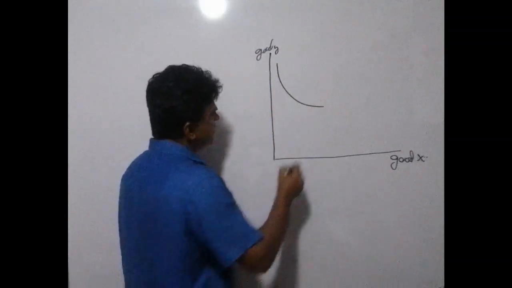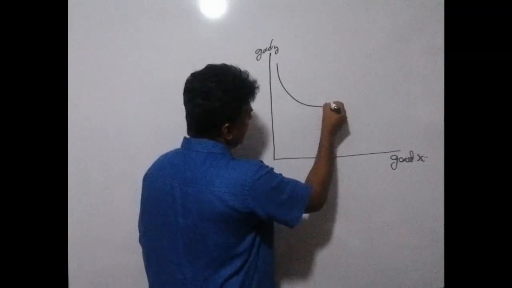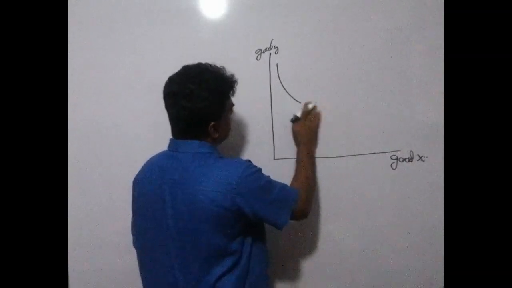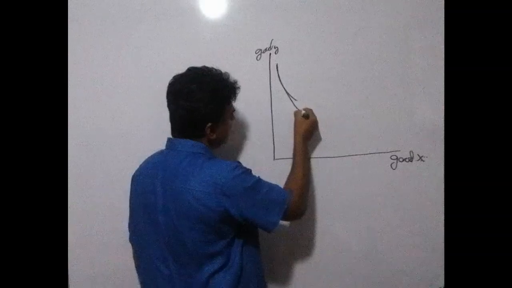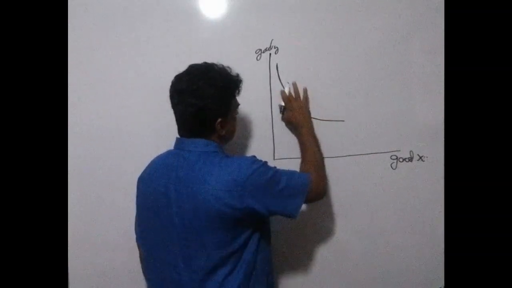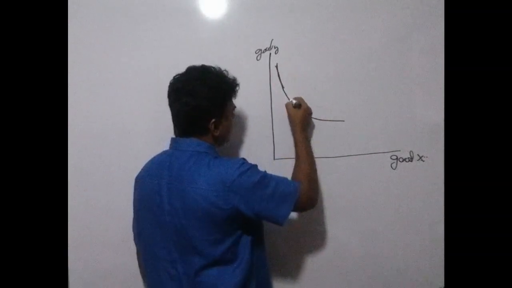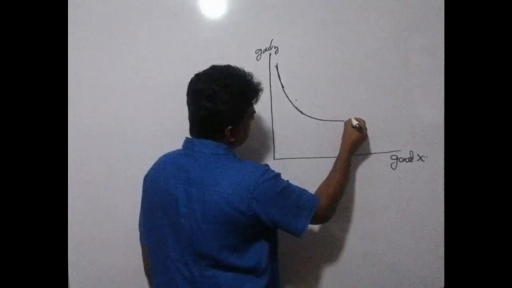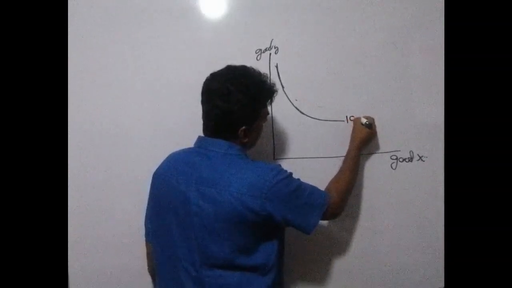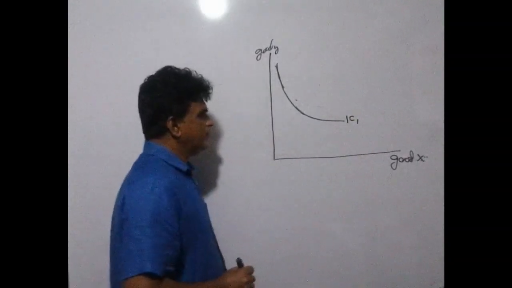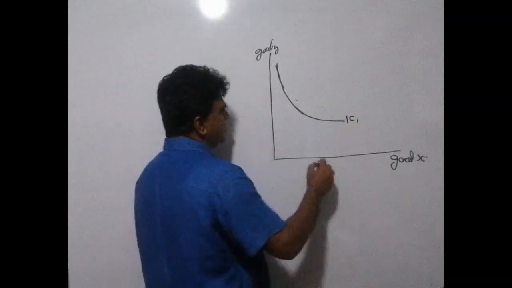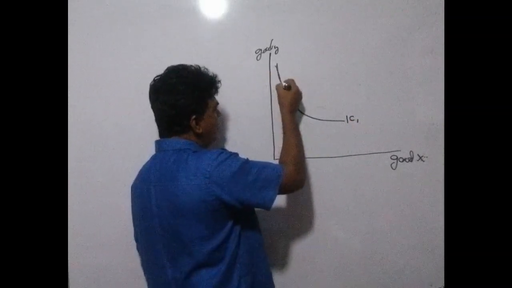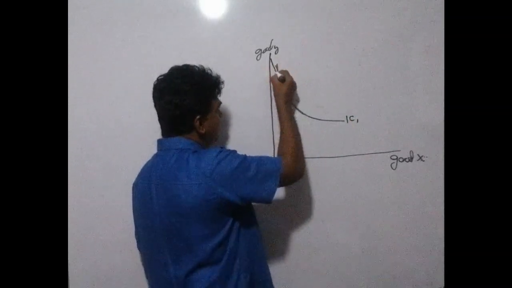This is the indifference curve, I'm going to name that IC1, indifference curve 1. Now I am drawing the budget line here.